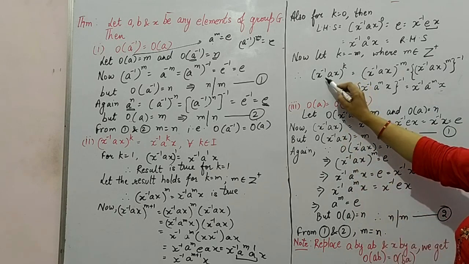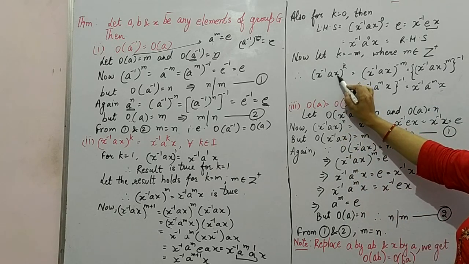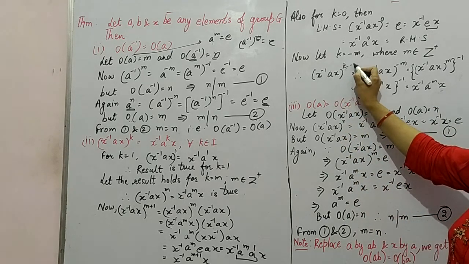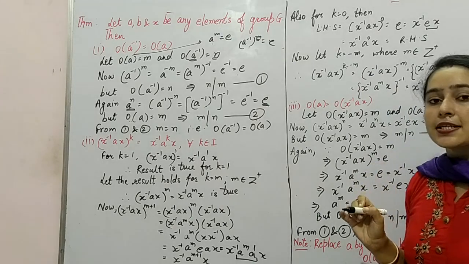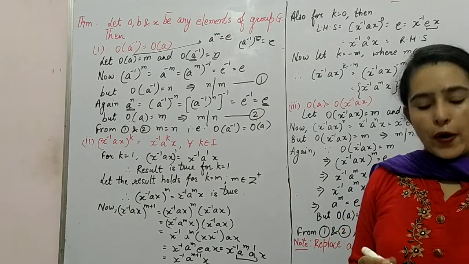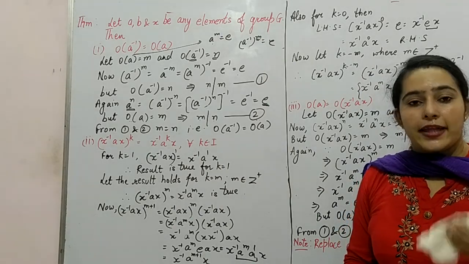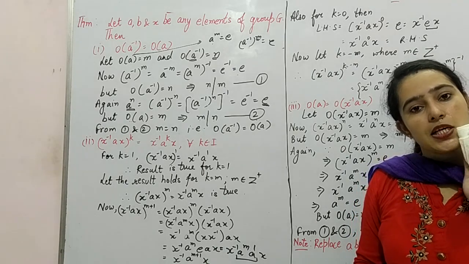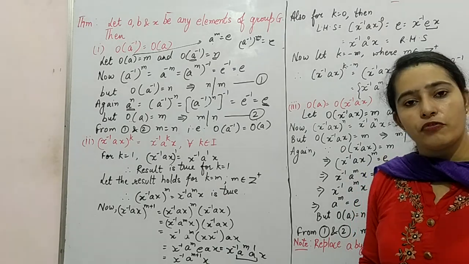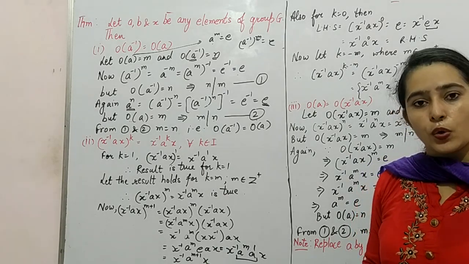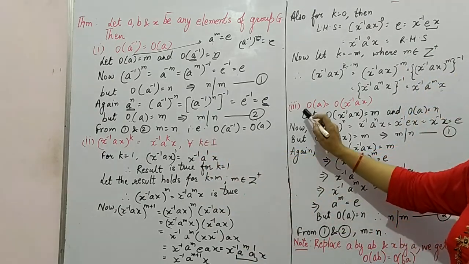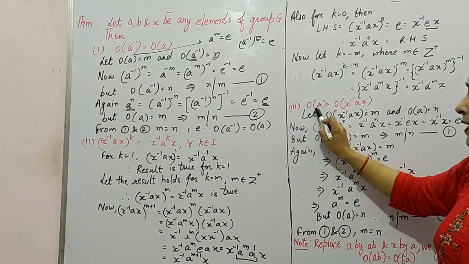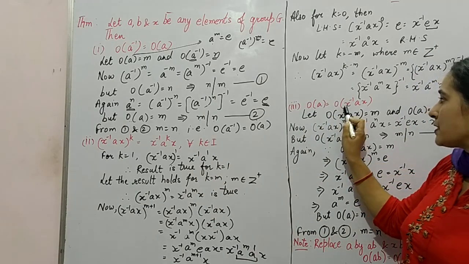So we have arrived at (x⁻¹ax)^k, where k is equal to minus m here, is equal to x⁻¹a^(-m)x. So this result is also true for negative integers. That means for every integer, whether the integer is positive, negative, or 0, this result will hold. Now the next result is order of a is equal to order of x⁻¹ax.